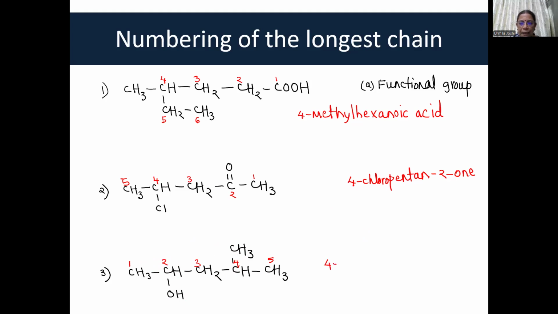This is methyl. So 4-methyl. This is pentane, correct? 5 carbon chain is pentane. Don't complete that e because you have to attach a suffix for alcohol. The suffix for alcohol is at 2 position. So put 2, pentan-2-ol. Okay.